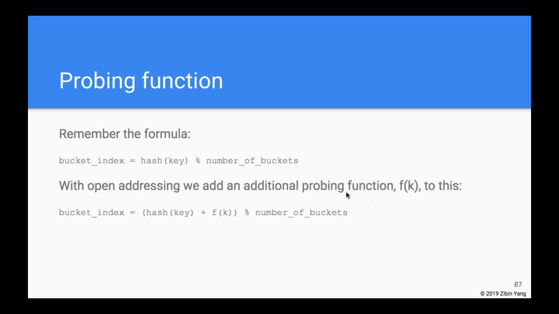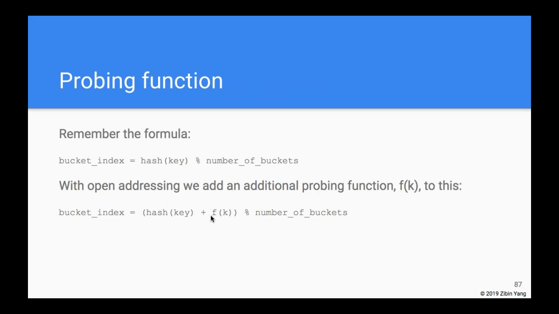To understand that, let's look back at the formula we had previously: a bucket index is the hash of the key modulo the number of buckets. With any open addressing scheme, we add an additional probing function, called f of k, to this formula.